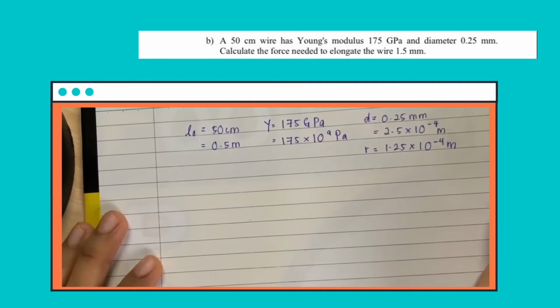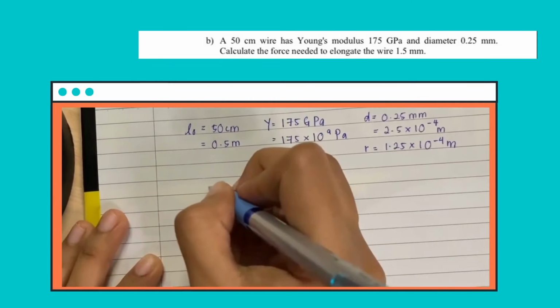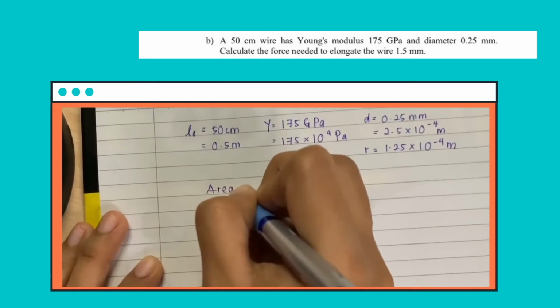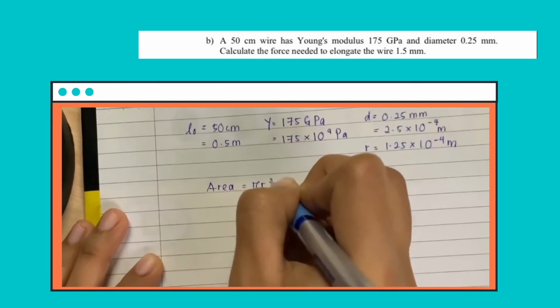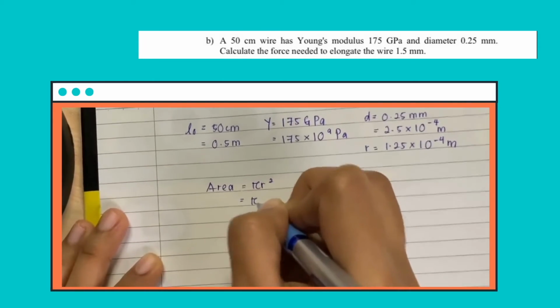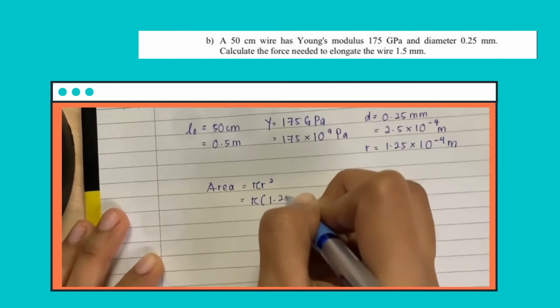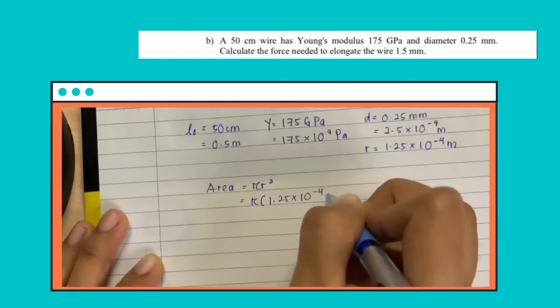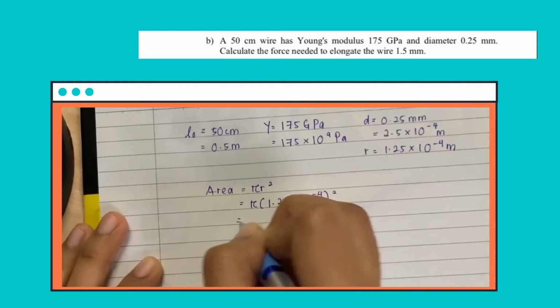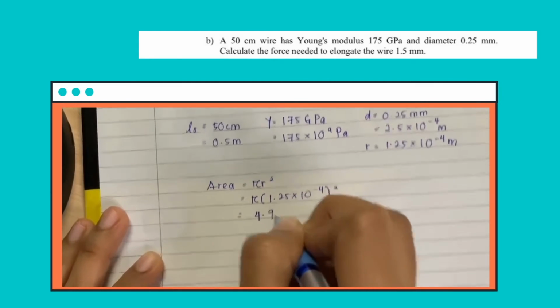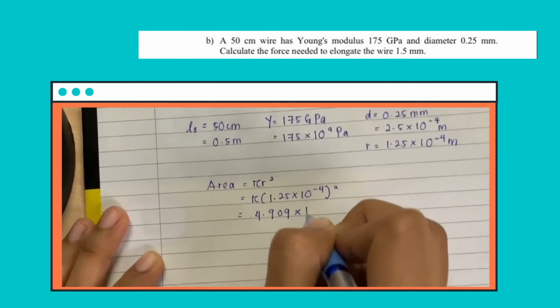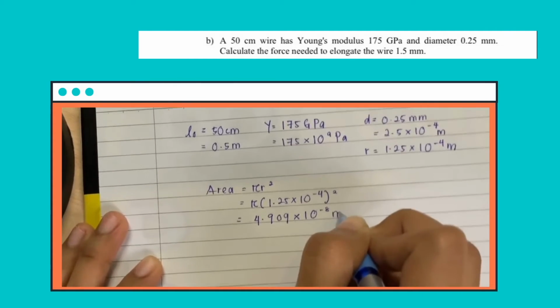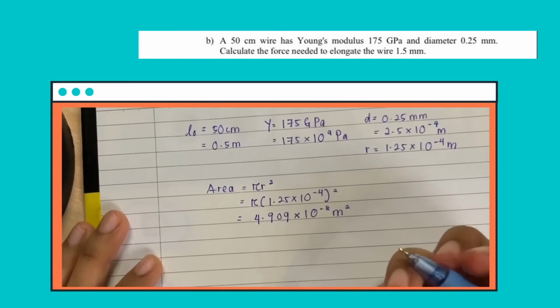And then from radius kita boleh dapatkan area dia. So area equal to pi R square. Masukkan R, 1.25 darab 10 negatif 4 square. Kita akan dapat 4.909 darab 10 negatif 8 meter square.